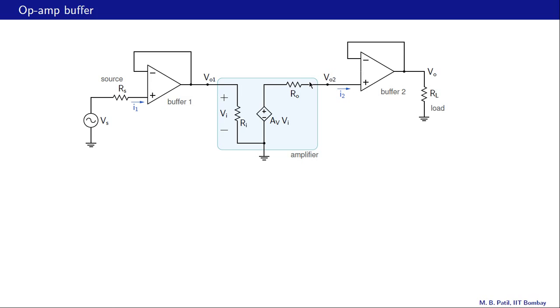This is the amplifier and this is the load. What we have done is, on the source side, between the source and the amplifier, we have inserted one buffer circuit. Similarly, on the output side, between the amplifier and the load, we have inserted another op-amp buffer. And let us see what this does.